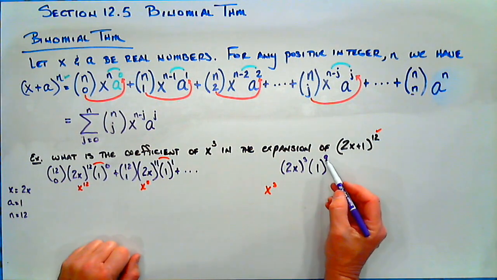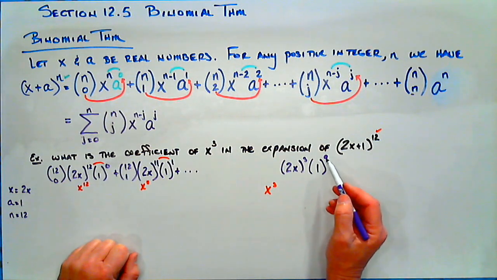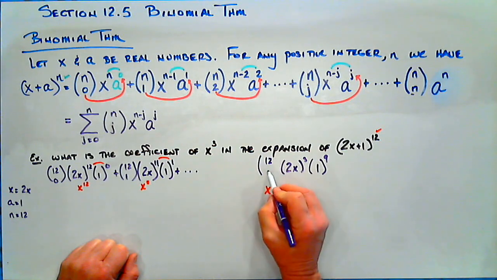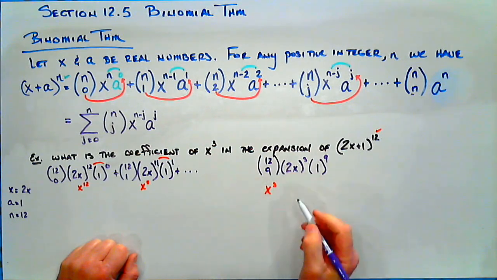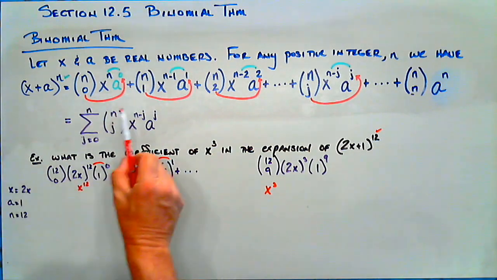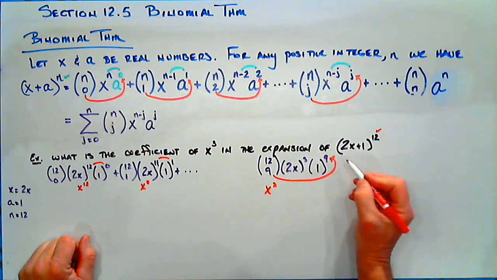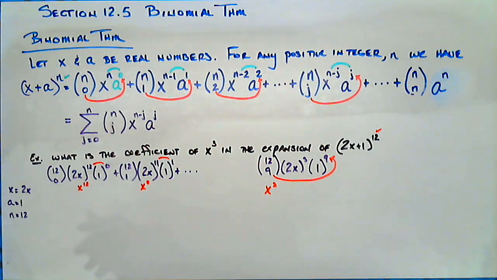Now, once I know the power on this is going to be 9, then that tells me who goes here. Remember, we pointed this out up here with all these red arrows. This has to match this. So they want us to work backwards. That's what they want. They want us to work backwards to figure this out.